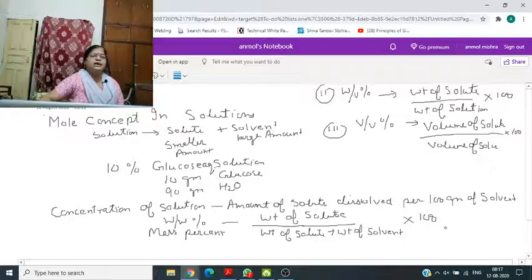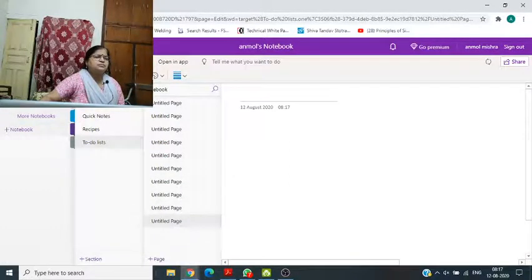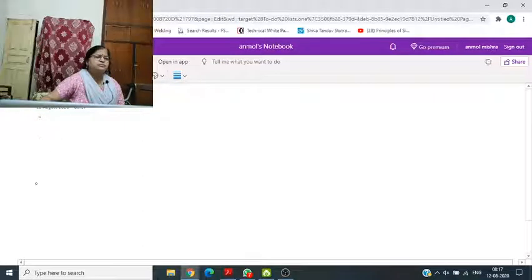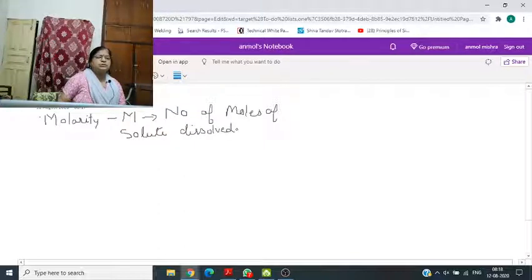Second is molarity. It is represented by capital M, and it is defined as number of moles of solute dissolved per liter of solution.